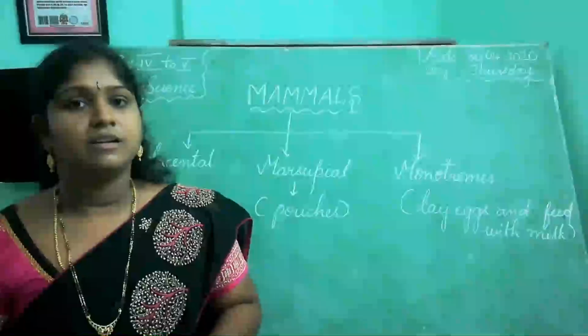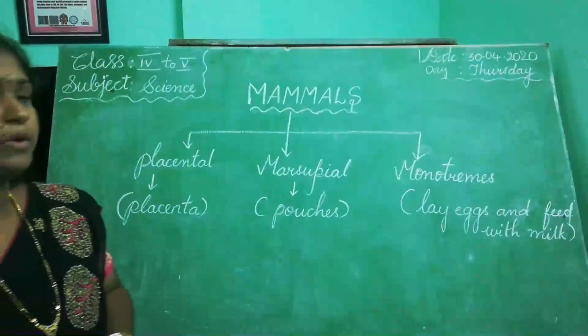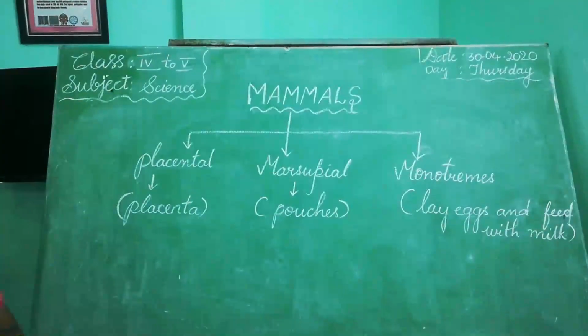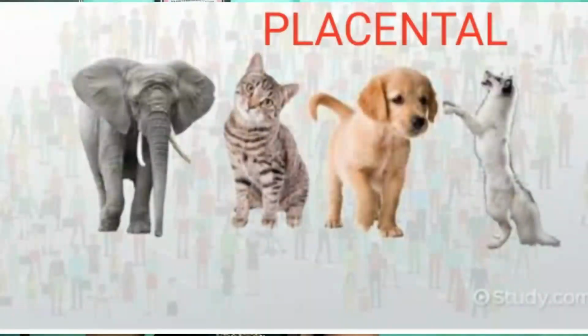They are placental, marsupials and monotremes. What are placental mammals? Placental mammals are the mammals which give birth to their young ones and they are connected by a cord called placenta.